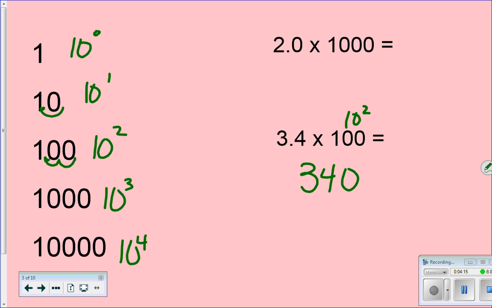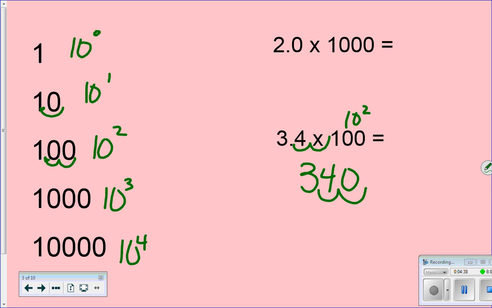Okay. What about up here? How many times am I going to move that decimal? 3. So you already have the basis of scientific notation. Because when you multiply something like this, that's how many times you're going to move that decimal to get your answer.